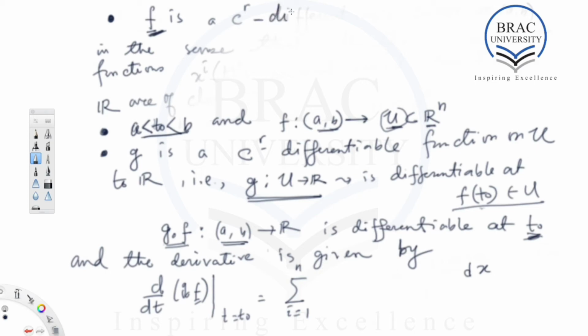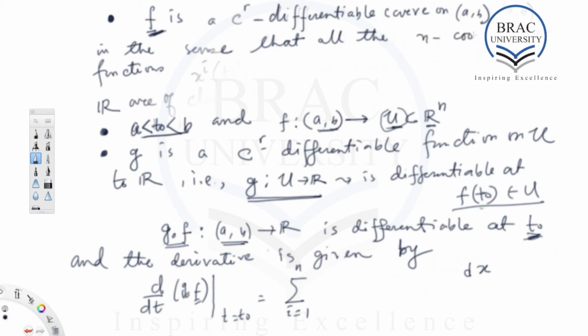Let me rewrite this part. f is a C^r differentiable curve on AB in the sense that all the n coordinate functions, as real valued functions on R, are of class C^r.